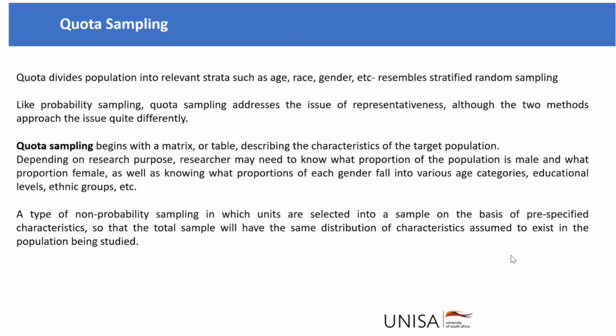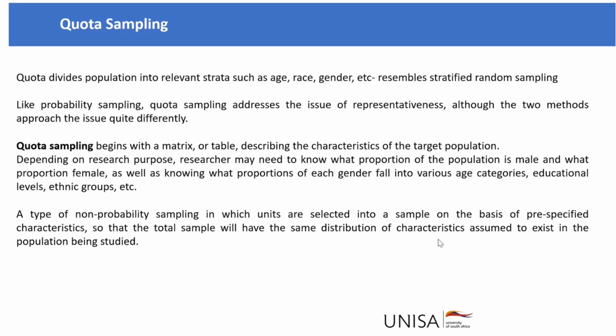So it is a type of non-probability sampling in which units are selected into a sample on the basis of pre-specified characteristics, so that the total sample will have the same distribution of characteristics assumed to exist in the population that is being studied. So when you look at the quota sample, it is exactly that: units are selected into a sample on the basis of pre-specified characteristics.